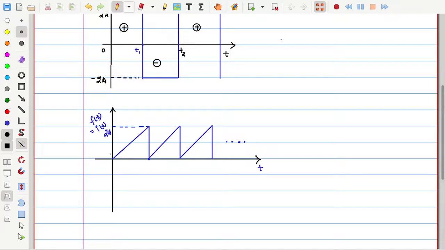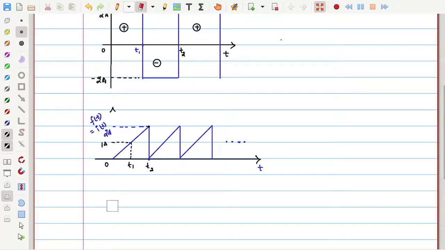At the 0 instant the current is 0 amperes, at some T1 instant the current is, let us say, 1 ampere, and then at the T2 instant the current suddenly falls from 2 amperes to 0, and so on. Again it rises and falls. Nowhere is it constant, it is continuously changing. This also can be called an AC waveform.